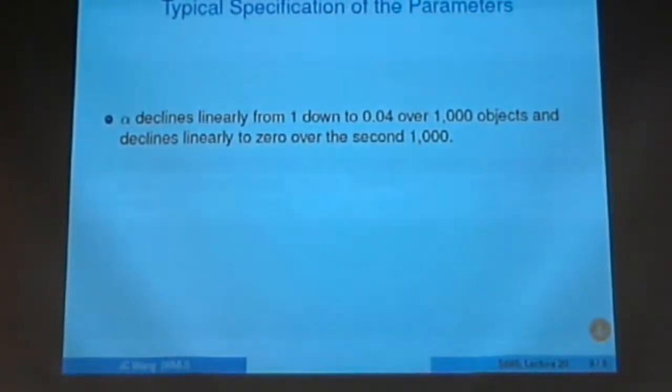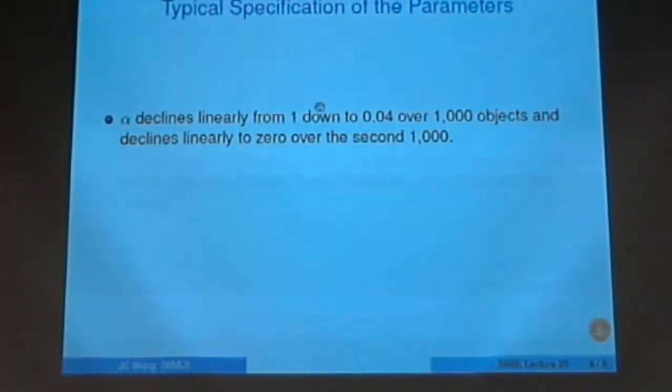I saw a different recommendation. From one place they recommend from 0.05 down to 0.01. Here this is another recommendation. Maybe for a particular study they define this. Alpha declines linearly from 1 down to 0.04 over 1,000 objects. So basically you go from alpha equal 1 to 0.04.